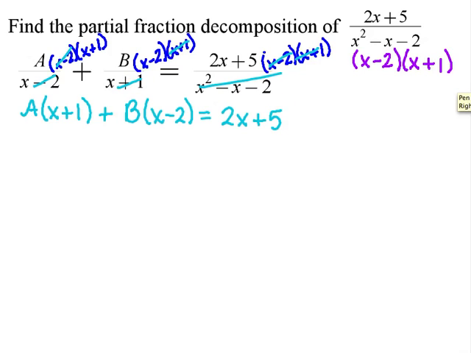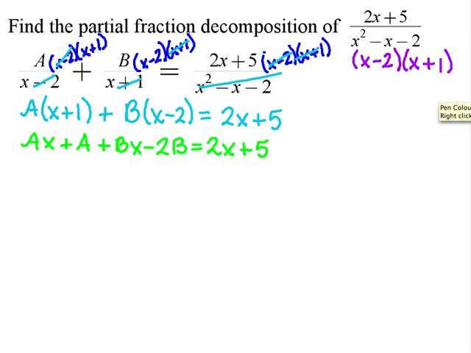Do you remember what we do now? Yep, distribute. So ax plus a plus bx minus 2b equals 2x plus 5. Group them. So I'll have ax plus bx.